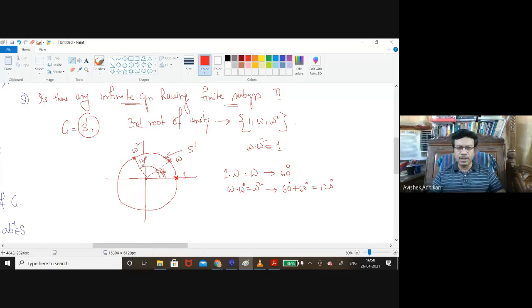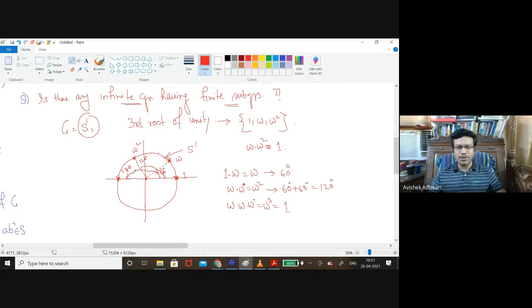And it comes here. Now, omega into omega, that is omega cube, should be my 1. According to your definition, it should come here. Again 60 degrees, that means 180 degrees, and it should represent 1. But that is not the case.